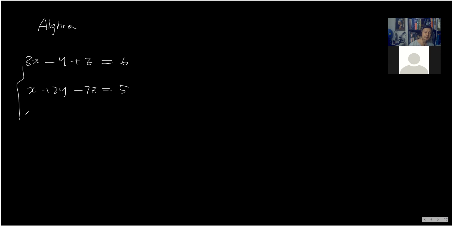And another is 9x minus y plus z equal to 4, for example, right? In algebra, this means 3 simultaneous equations, right? But in geometry, that will mean the 3 planes in 3D space. Do you agree?